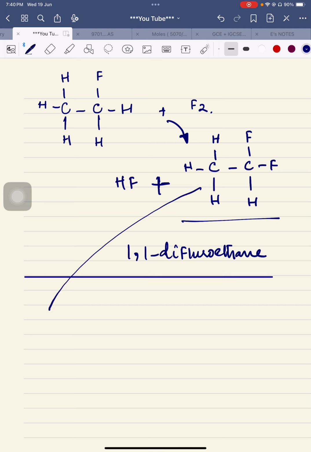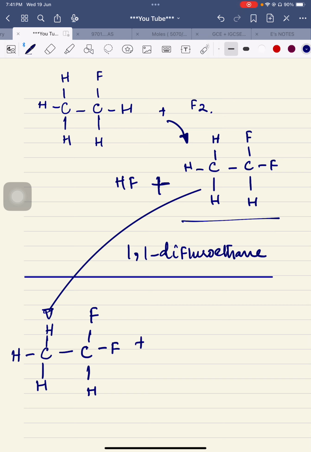It is the product of the second one, which is the reactant of the third one. This is H here, and H here. Along with that, C and F are there already, and the H is here. So it is F2 which is going to react. So it is C, and F is here, F is here, F is here, and H is here.